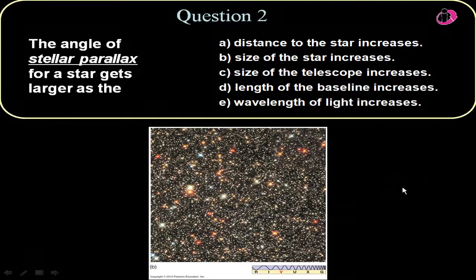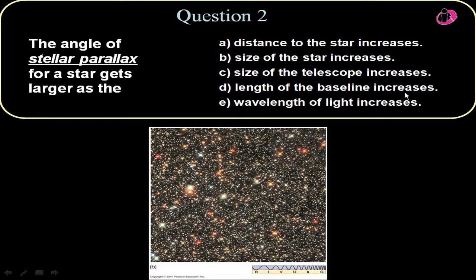Question 2. The angle of stellar parallax for a star gets larger as the star gets closer. Is that one of our answers? Distance to the star increases? No. It would be distance to the star decreases. B. Size of the star increases? No. It would have nothing to do with the size. C. Size of the telescope? No. Length of the baseline increases? Yes.